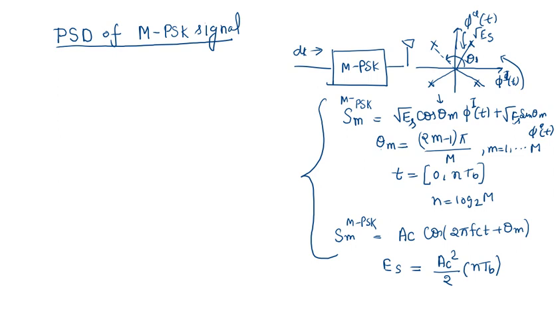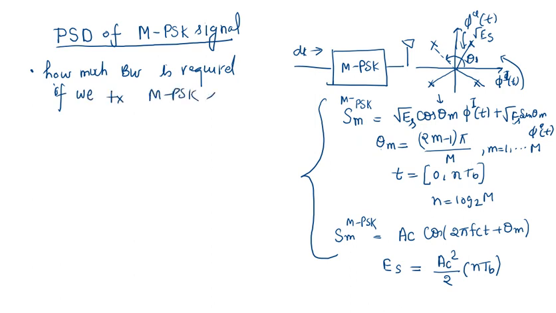But now the second question is, how much bandwidth is required in the channel if we want to transmit an M-PSK signal?